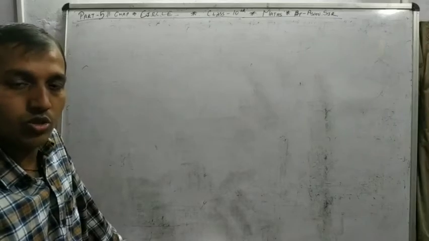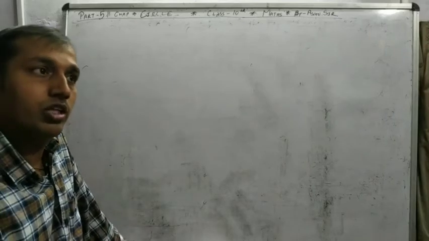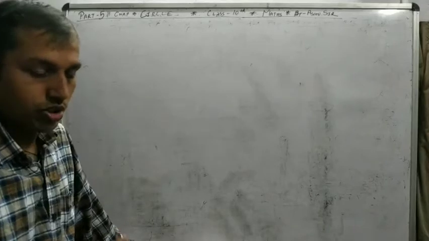So firstly you all read the question, then we solve. This is a 4 marks question and a very good concept is used in this question. So read the question.